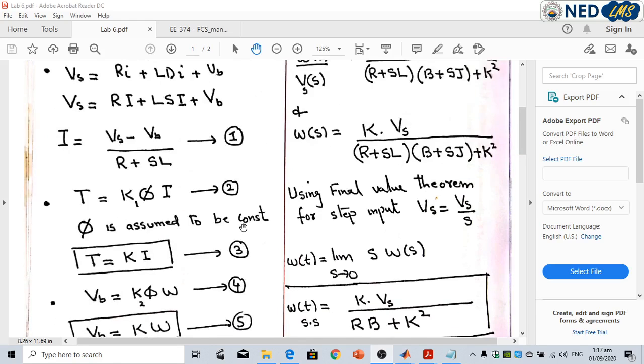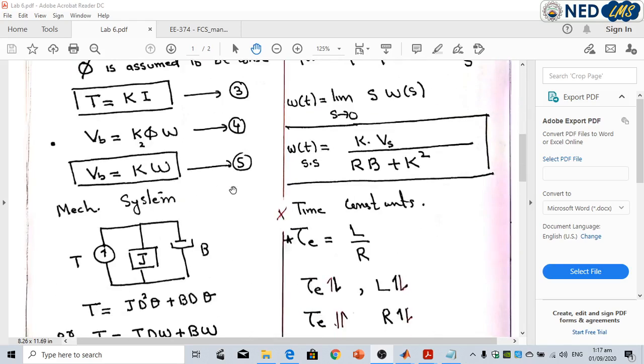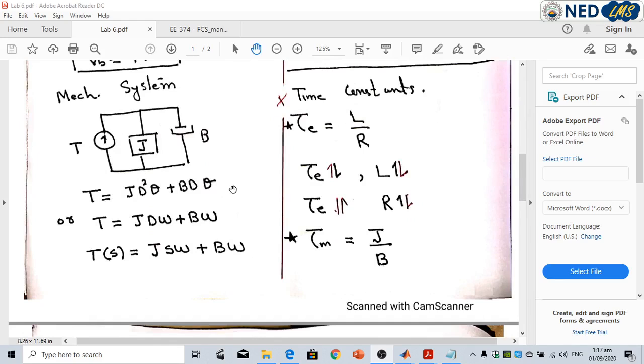Okay, next consider the mechanical part of this electromechanical system. We also discussed this topic in the modeling chapter of the feedback control system.